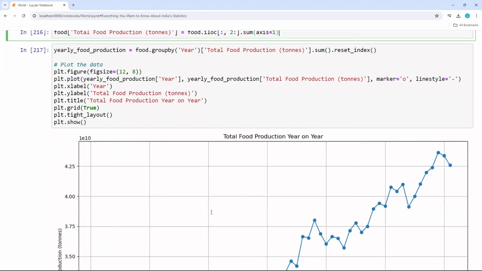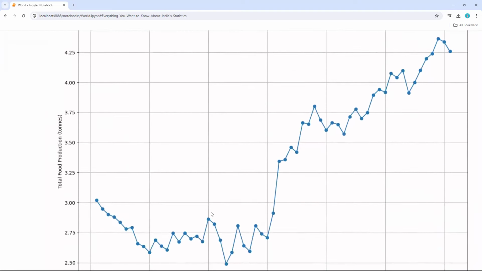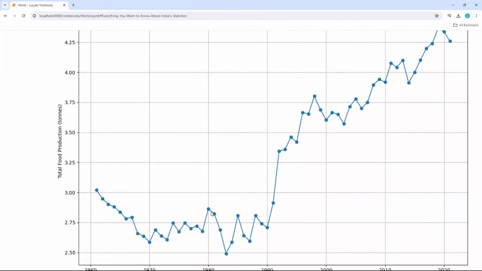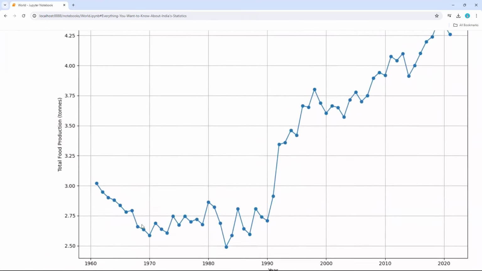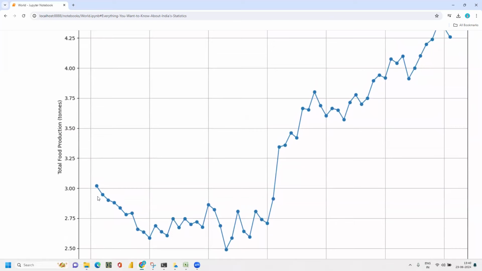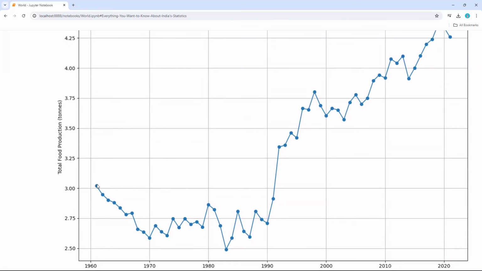So this is how the data looks. You can see the year data. In 1960 the production is around 3, combined in tons, and it decreased from 1960 to 1970.